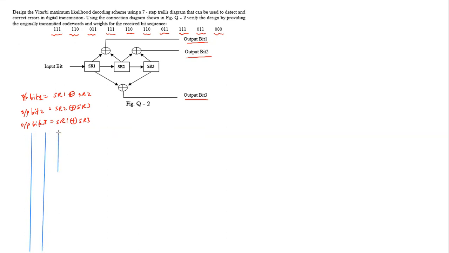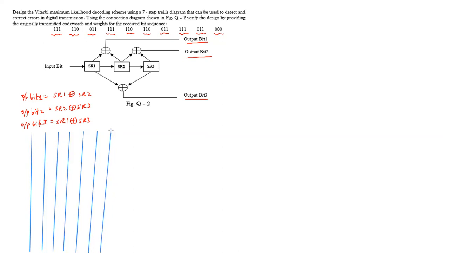That's 1, 2, 3. Then we can have our input bit here. Then we can have our shift registers repeat here again, 2, 3.